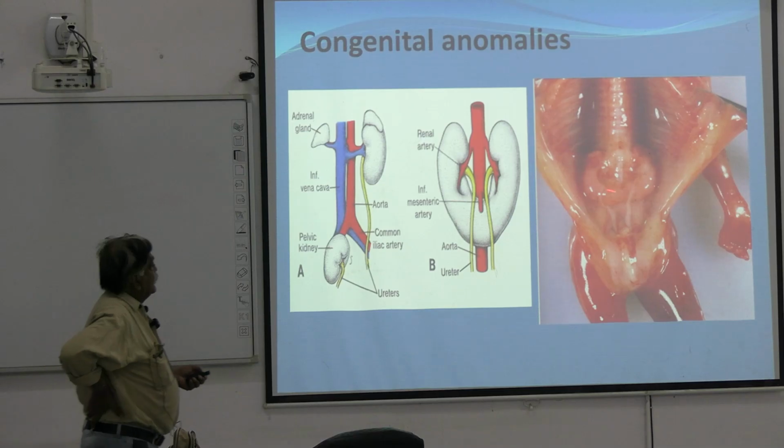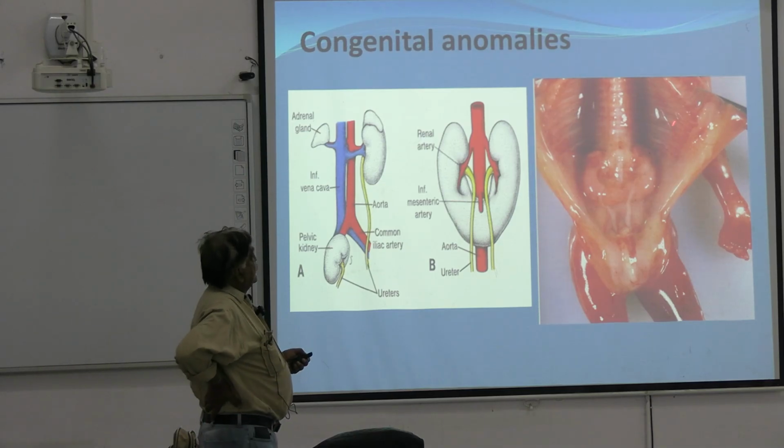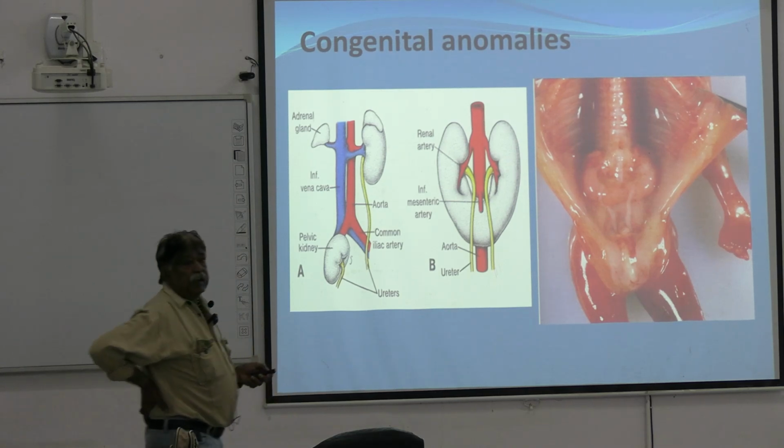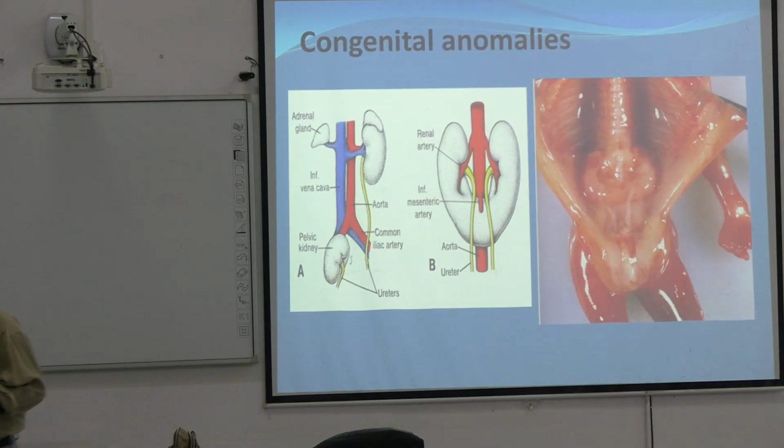Now, this is a fetus which has been dissected, and see the kidney, fused kidney, the ureter is here. It is from a fetus that they have dissected and presented.